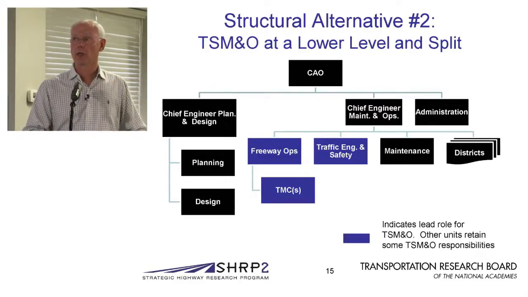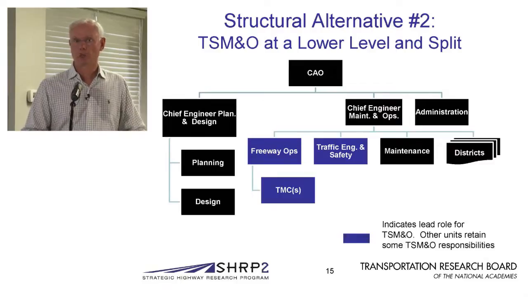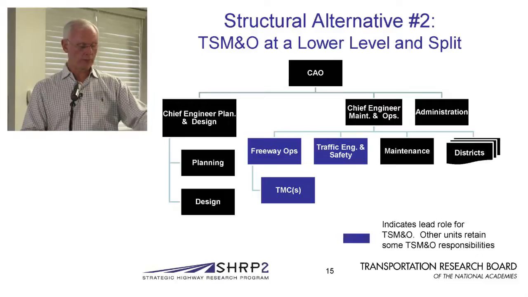Underneath that individual, you would see the functions that would comprise the TSM&O. The freeway operations and the traffic engineering and safety split differently, but still report up through the same channel. This is more typical. Maryland has the advantage of being a relatively small state. They tend to do a lot of things from the central headquarters office, and so this organization works in their environment.